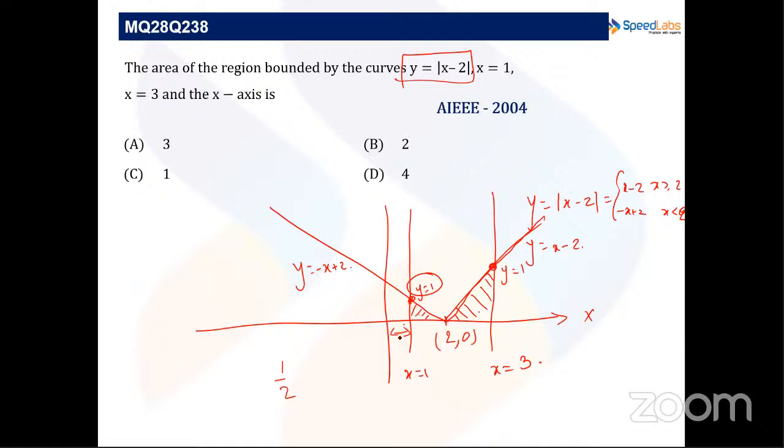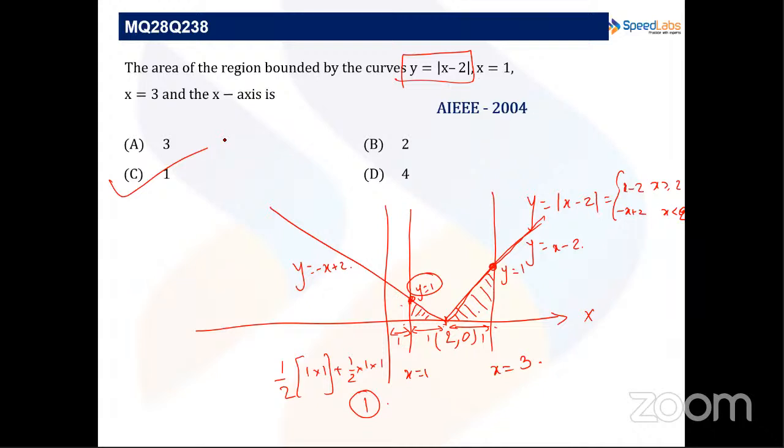So this length was 1, this length will be 1, and this length will be 1. So that will be half length into breadth plus this area will be half length into breadth. So the total answer will be 1. So our option C is correct.